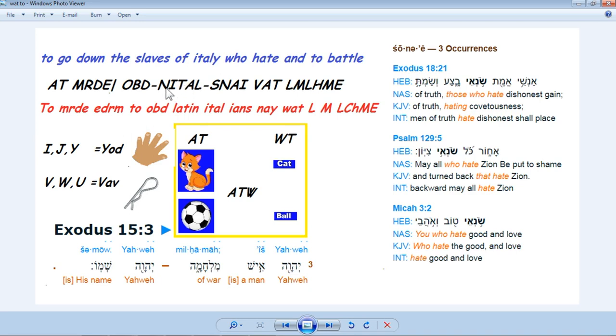But the way they would read this is to go down, the slaves, and we'll just say this means of Italy, and that's usually the way they would pick up words. They just add all the words they want to make a meaning.